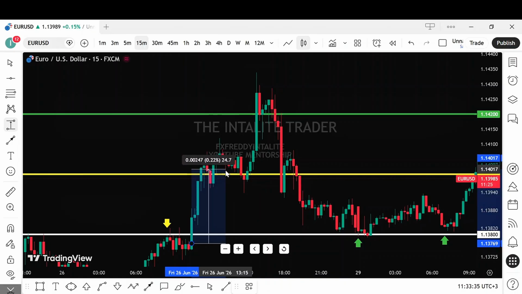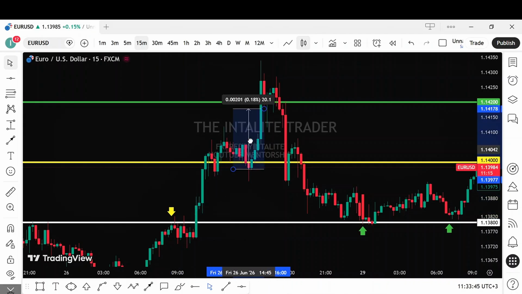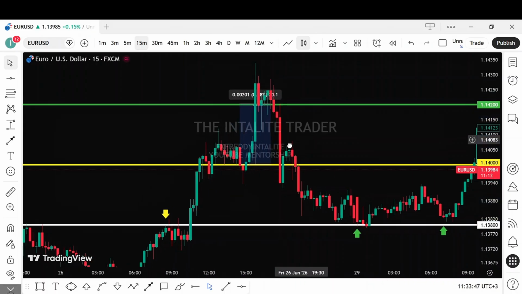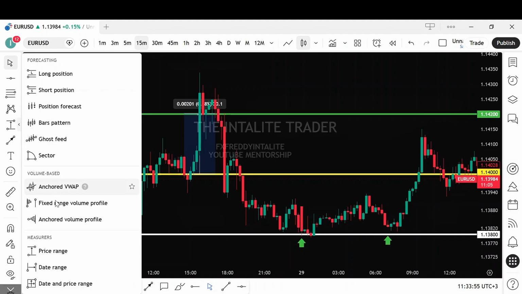These are 20 pips. Let me say from here to here. These are 20 pips. Price rests. Again from here to here, price moves 20 pips. It rests. From there, price sells.